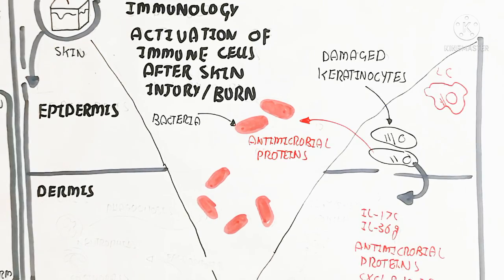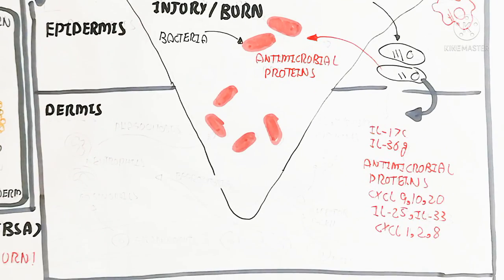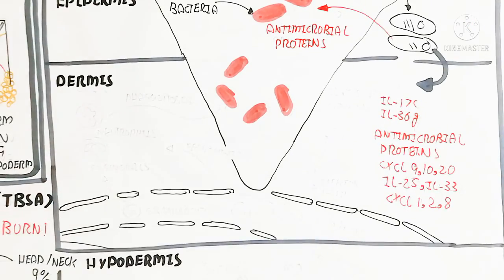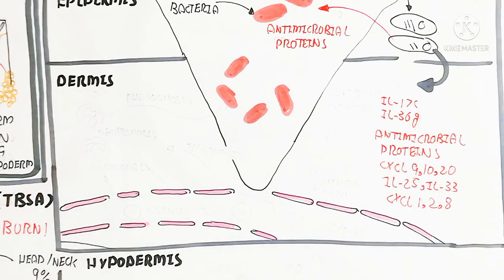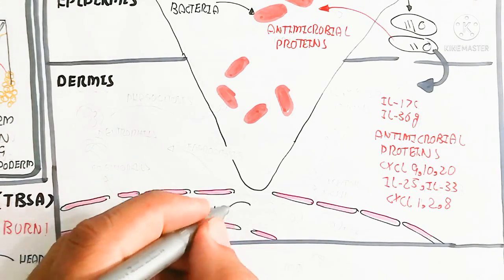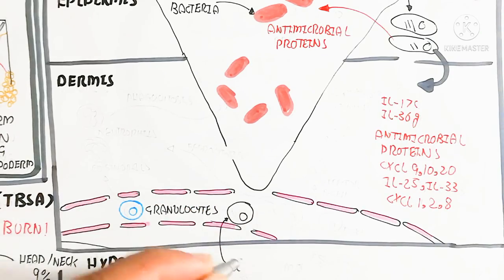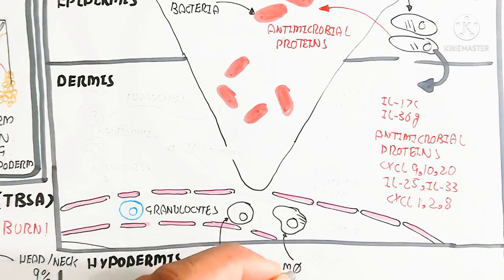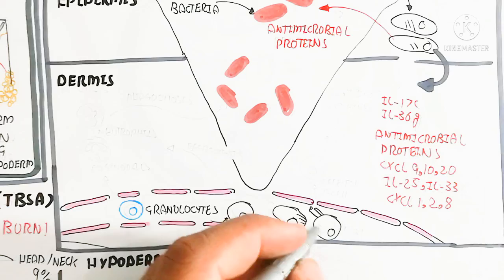These are also involved in protection from bacteria, as antimicrobial proteins produced at the injury site protect from the bacteria. Meanwhile, the blood vessel is damaged and granulocytes also proliferate.